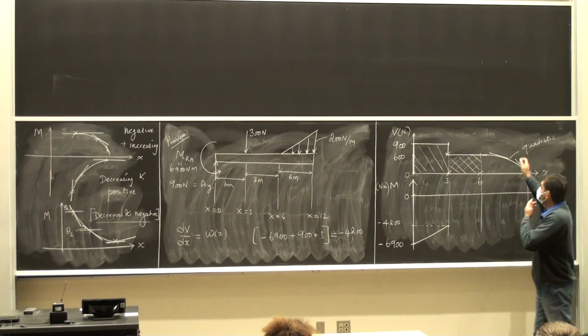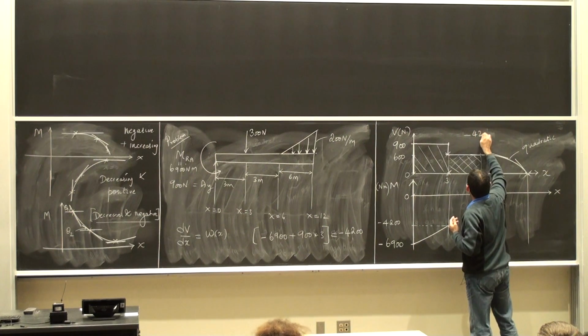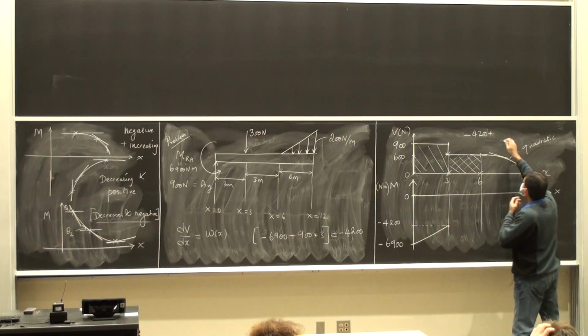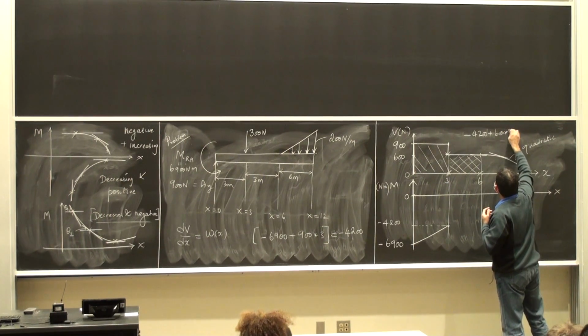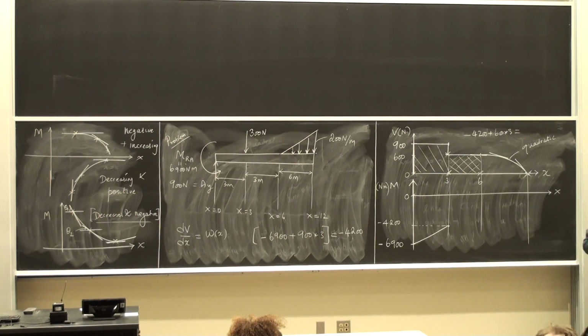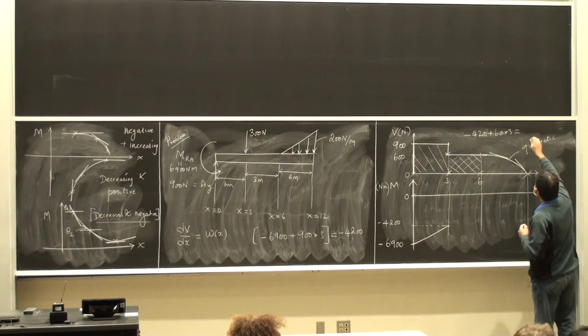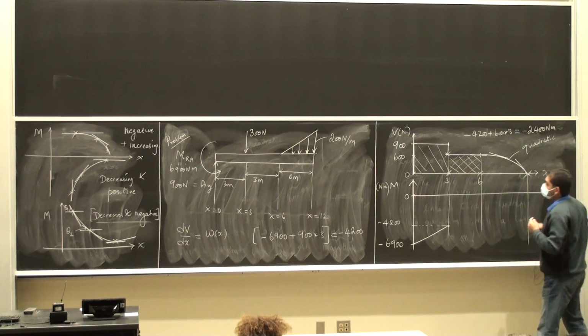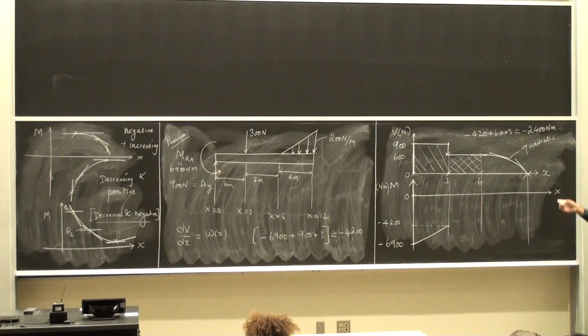Okay, so that's going to be minus 4,200 plus 600 times 3. What's that equal to? Negative 2,400. Which means I go from negative 4,200 to negative 2,400.